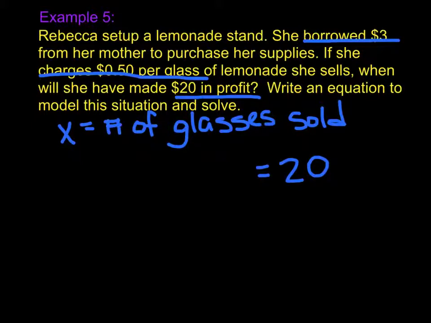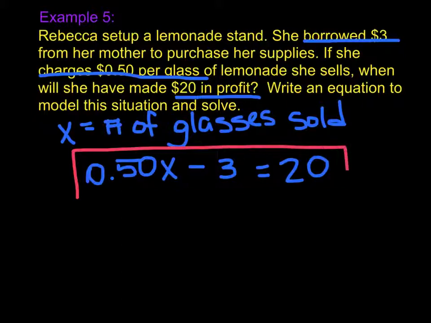So 50 cents per glass is going to be 50 cents times x, but we have to subtract $3 because she's got to pay her mom back before she can make profit. So this is the equation that we have now written to model this situation.